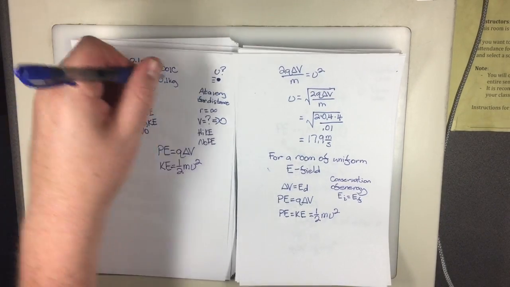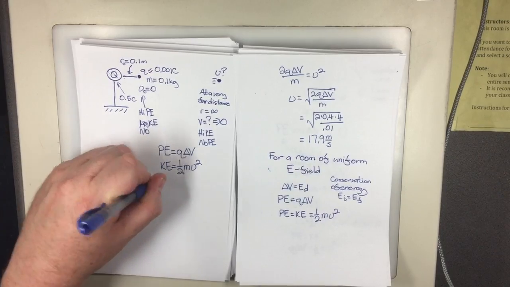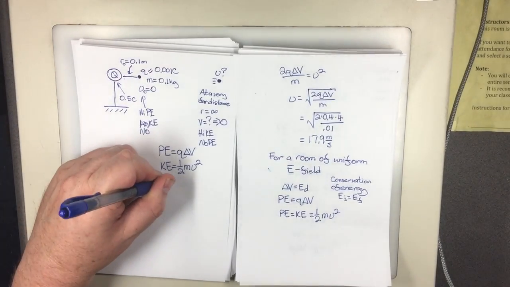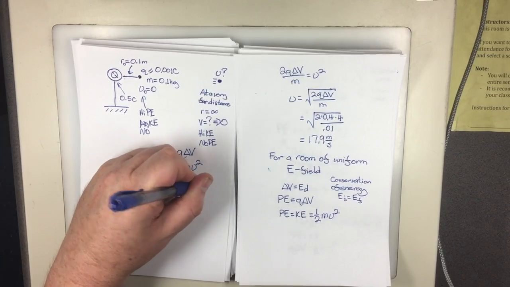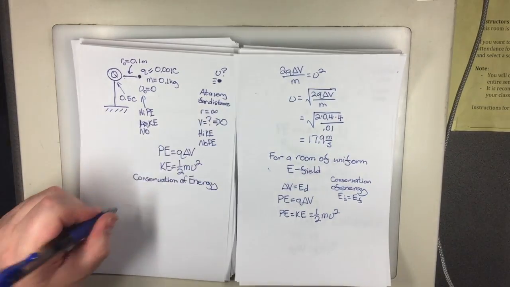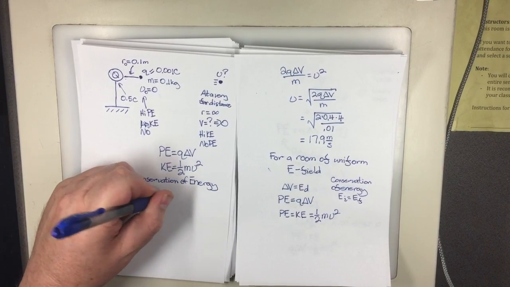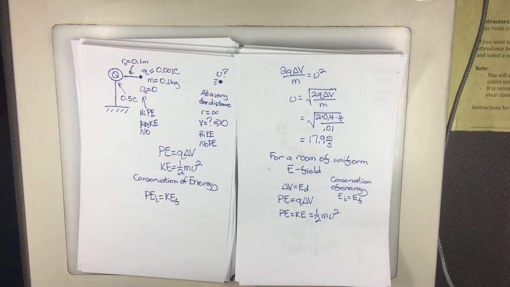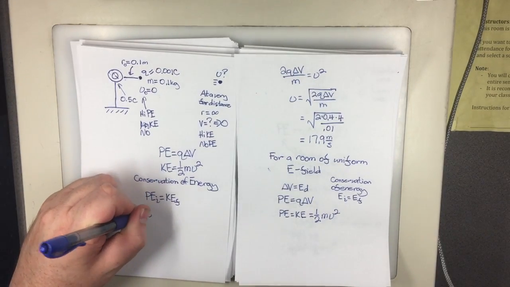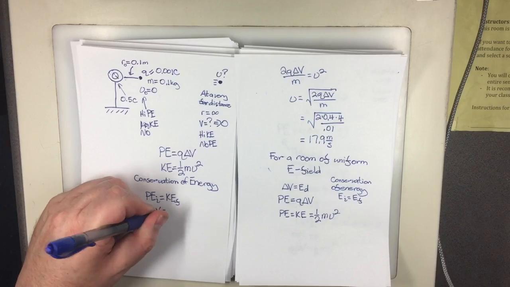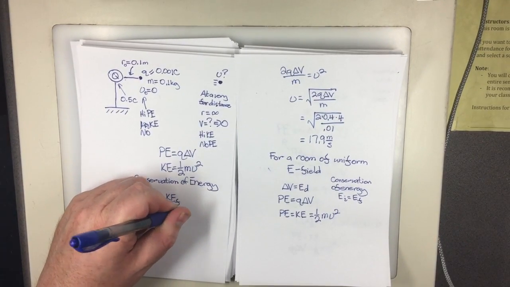So in this particular case, there is conservation of energy. The potential energy initial is equal to the kinetic energy final. The potential energy initial is Q delta V. The kinetic energy is 1/2 mv squared.